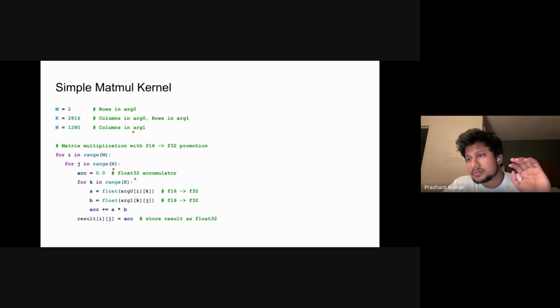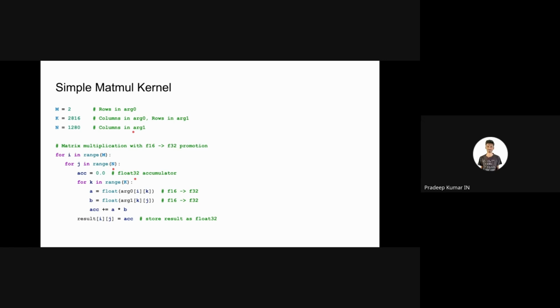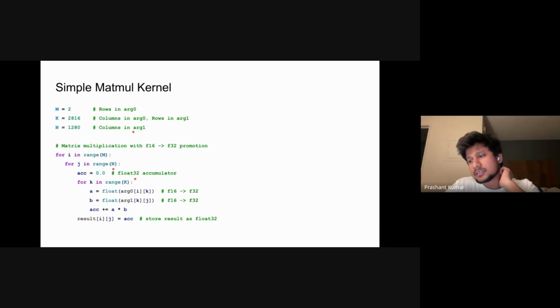M and N are the parallel dimensions, the outermost dimensions of a matrix multiplication, and K is the reduction dimension. This is the terminology that I'm used to. I hope that is clear. You can also put it as M cross K times K cross N, and the accumulator is M cross N.